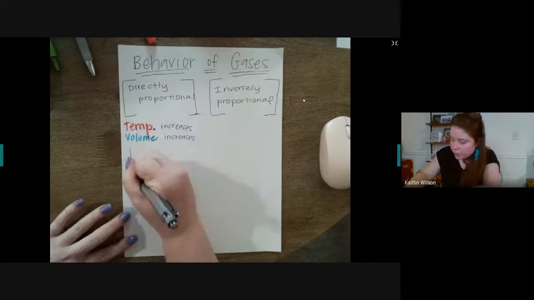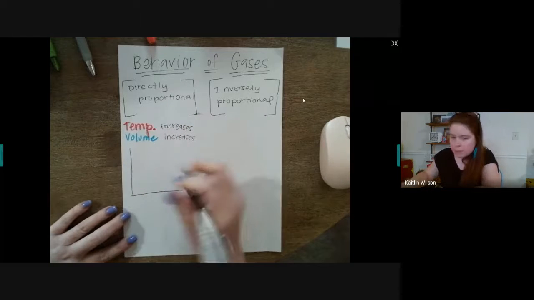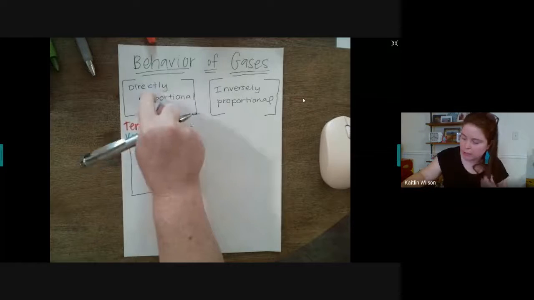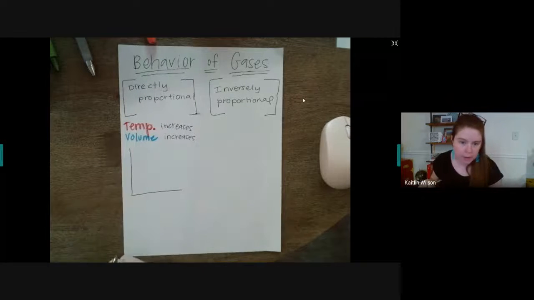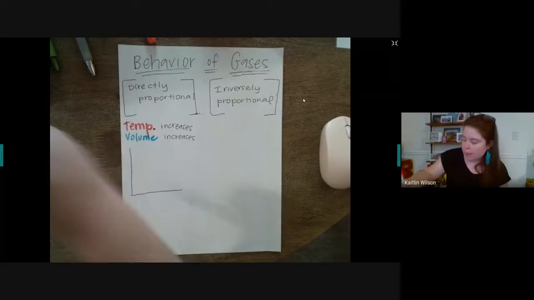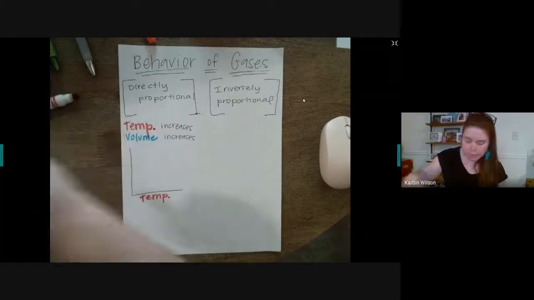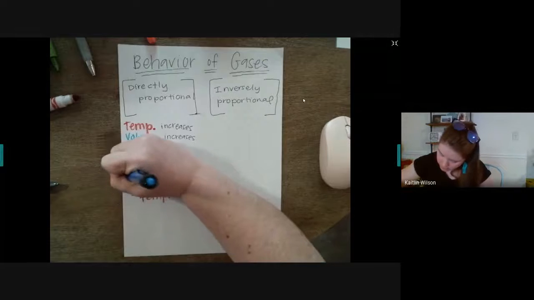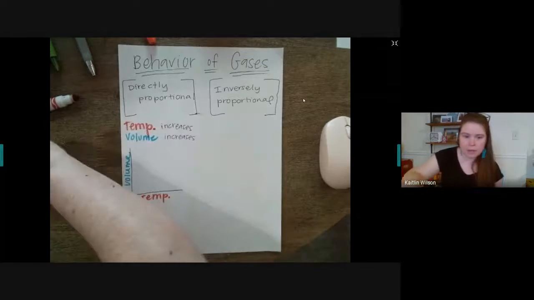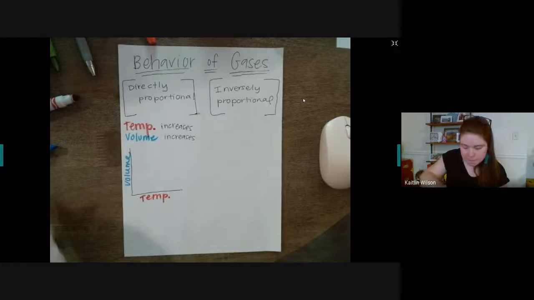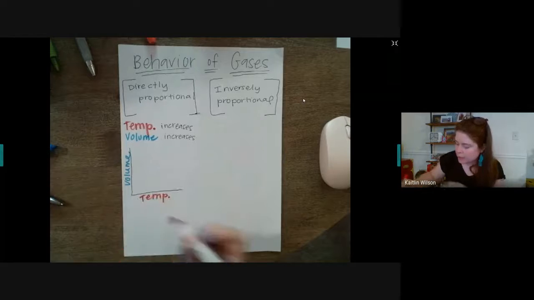Then I'm going to leave room to make a graph because I want to be able to really quickly look and see, okay, if I have a graph like this, I know it's directly proportional. I'm going to have temperature on this axis, and I'm going to have volume on this axis. And we'll come back to this in just a second.